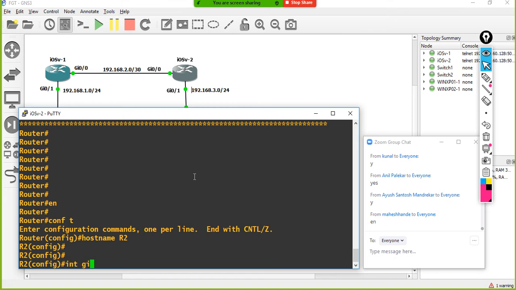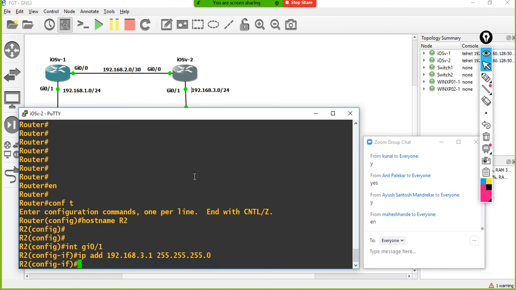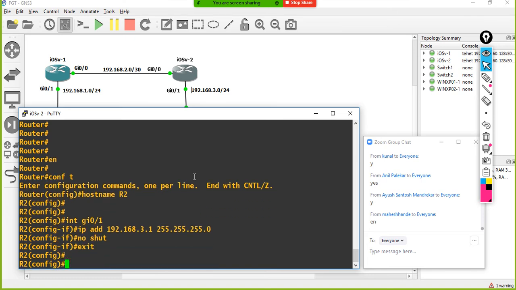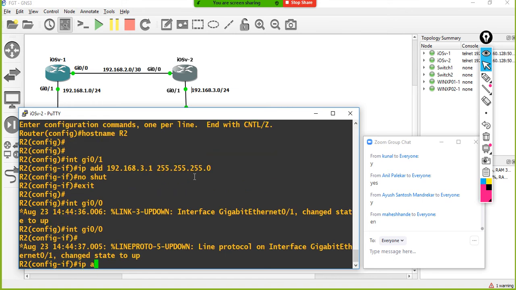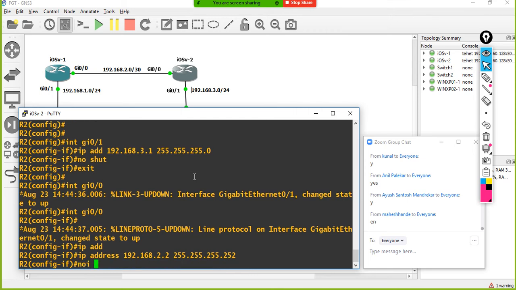Then interface gigabit ethernet 0/1, IP address 192.168.3.1, 255.255.255.0. Then no shut. Then interface gigabit ethernet 0/0, IP address 192.168.2.2, 255.255.255.252. Then after that, no shut.